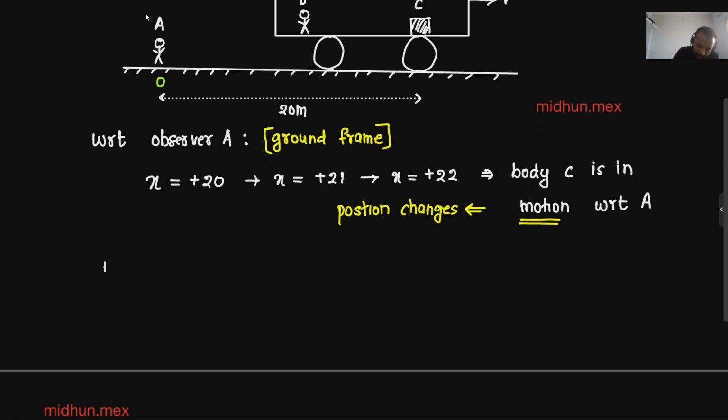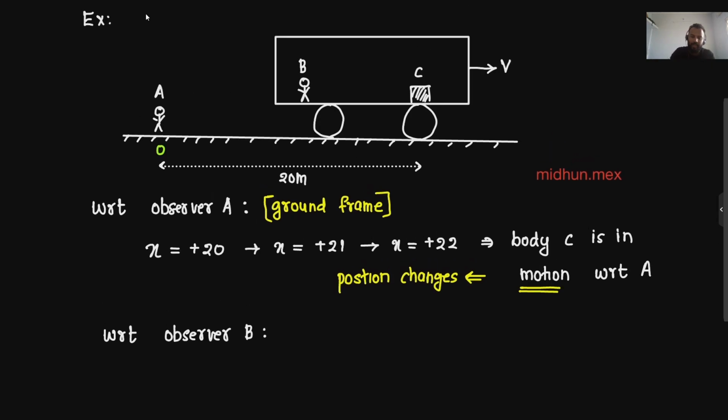So I am going to write, with respect to observer B. Observer B means no need to take the origin here. We are going to take the observer's standing place as your origin. Therefore, here onwards let us say this is your origin.